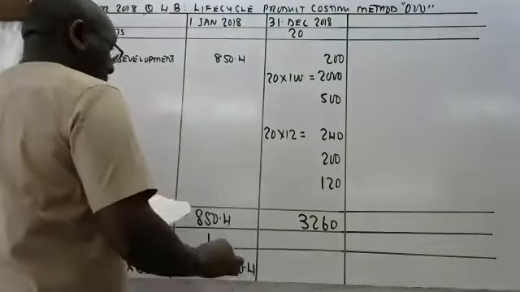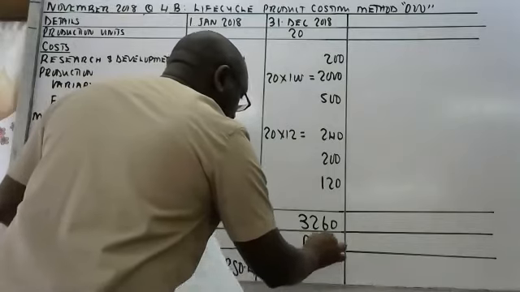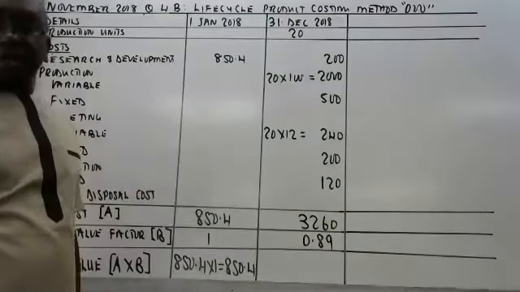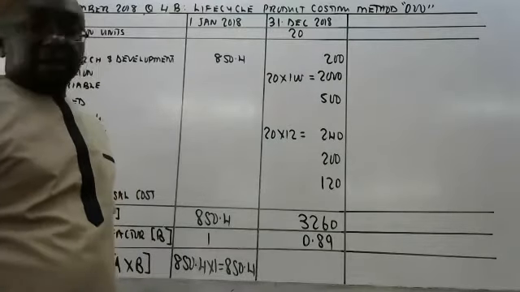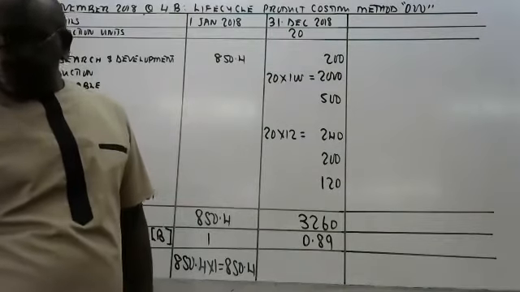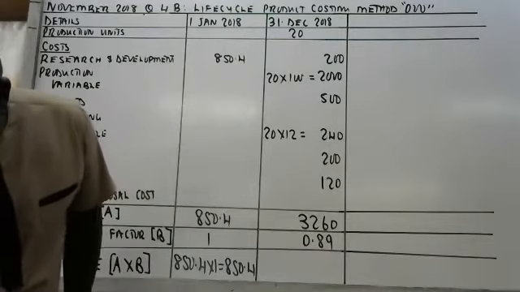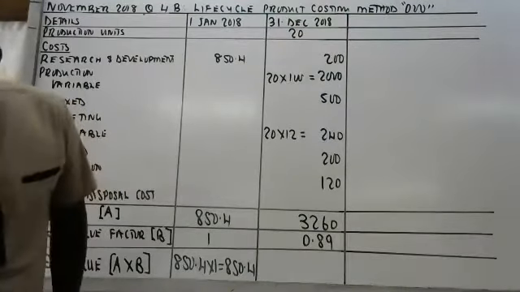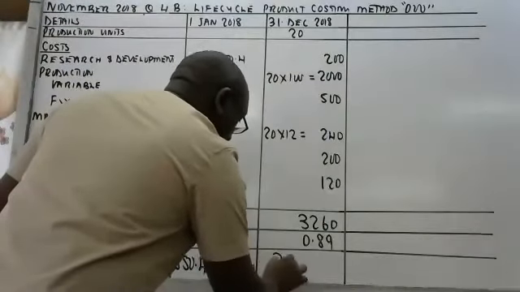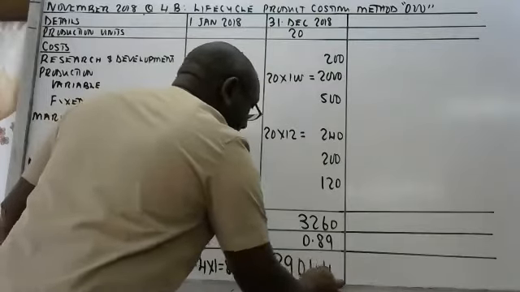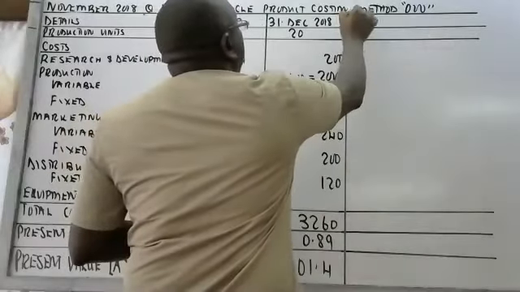So the PVF factor is 0.89. So multiply this by 0.89 and give me the answer. $2901.4.